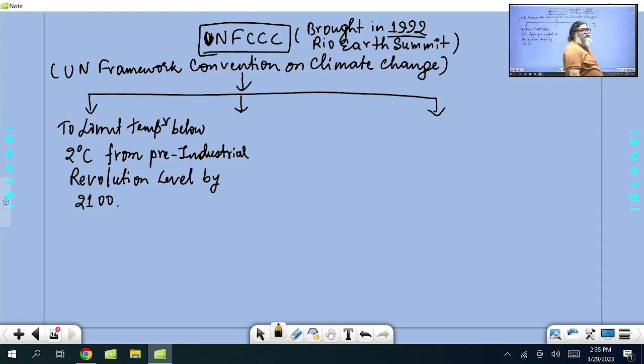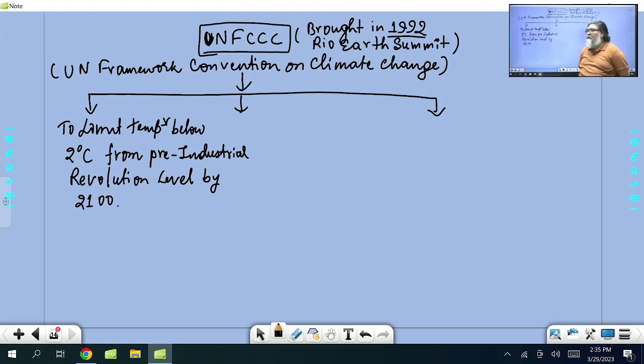The temperature of the earth should not go beyond 2 degrees Celsius. By the end of the century, temperature should not exceed more than 2 degrees Celsius.